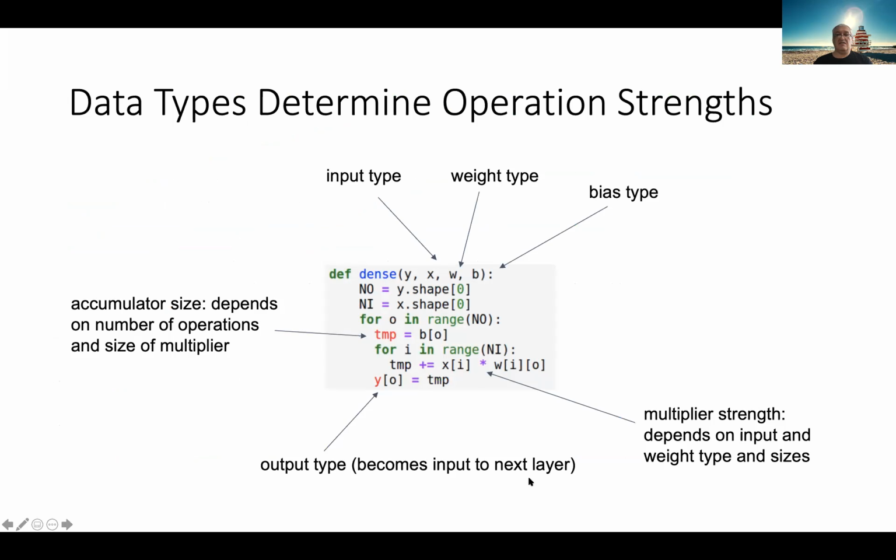Based on that, I can decide what is the operation and the size of the multiplier I need to use, what is the operation and the size of the adder I need to use, and then the storage requirements for all those operations.